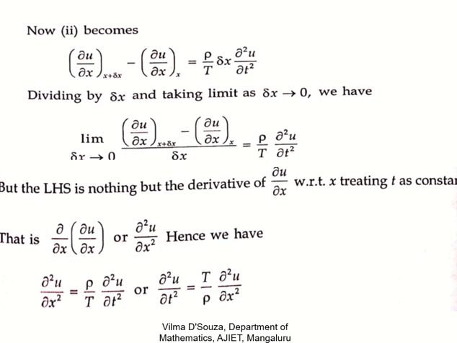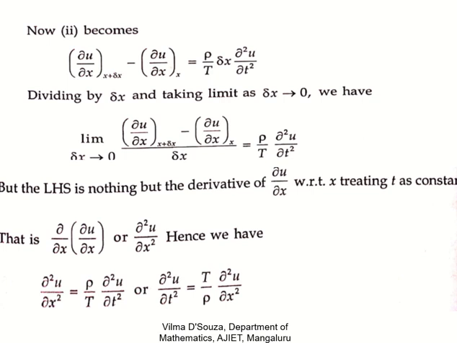But what you can observe here, the LHS is nothing but the derivative of ∂u/∂x with respect to x, treating t as a constant. This is the definition of the derivative of ∂u/∂x with respect to x, treating t as constant. That is ∂/∂x of ∂u/∂x, or ∂²u/∂x².